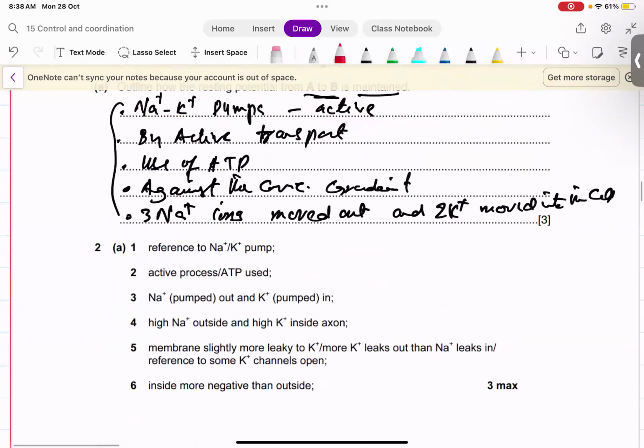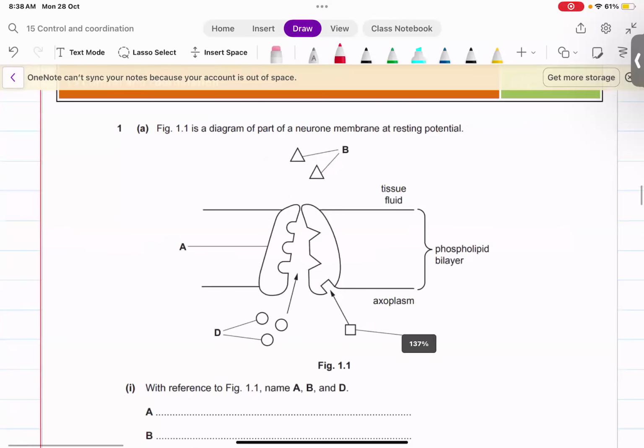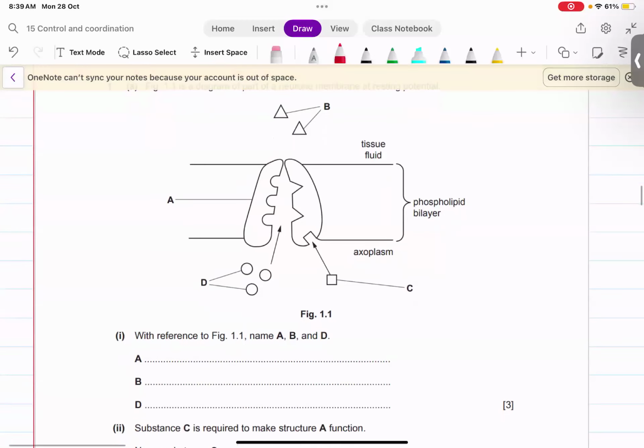Okay, so let's see. This is an AS question actually. Figure 1.1 is a diagram of a part of a neuron membrane at resting potential. Can you identify, with reference to figure 1.1, A, B, and D? What is A? What should this B be? What do you think D should be?